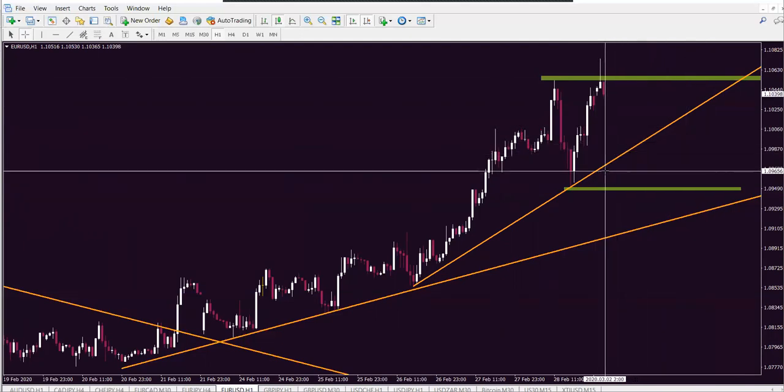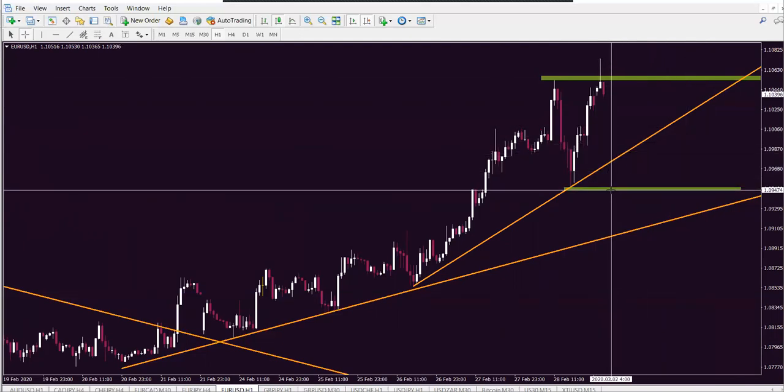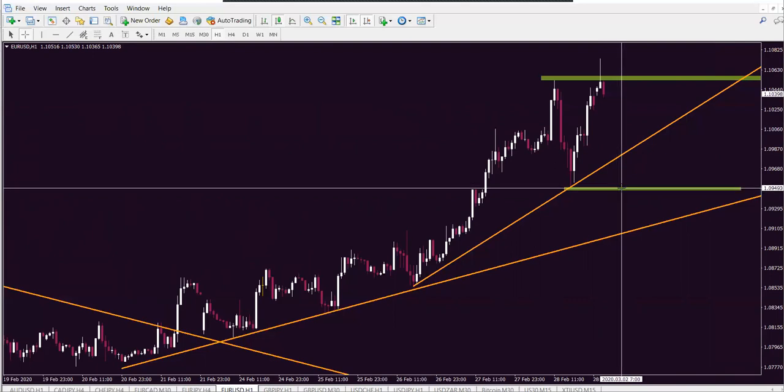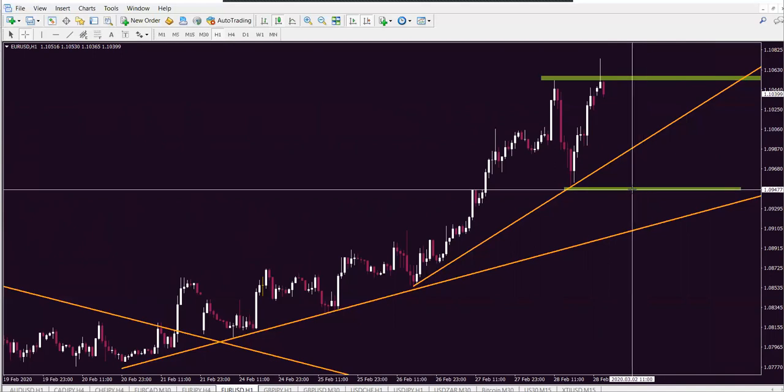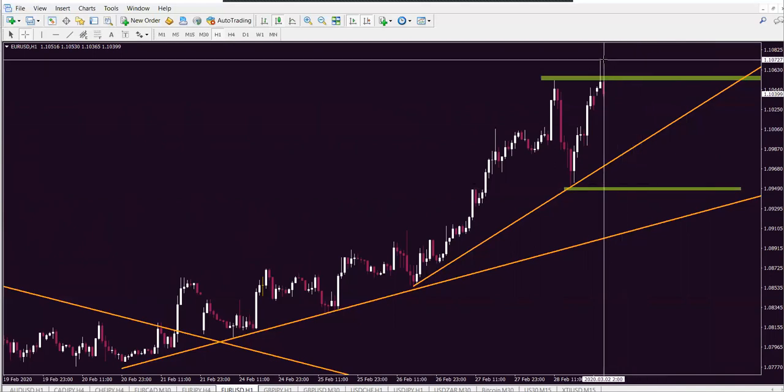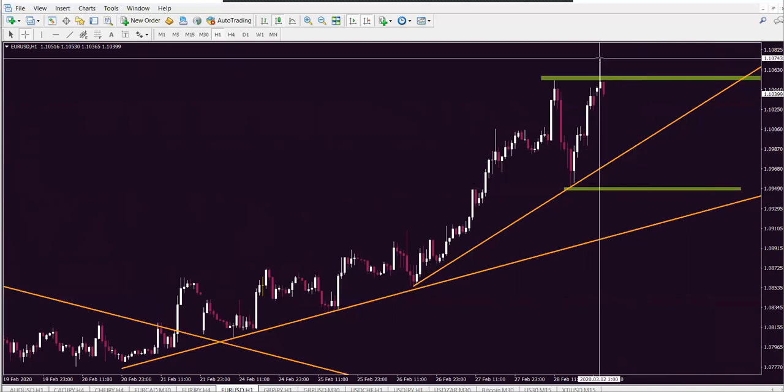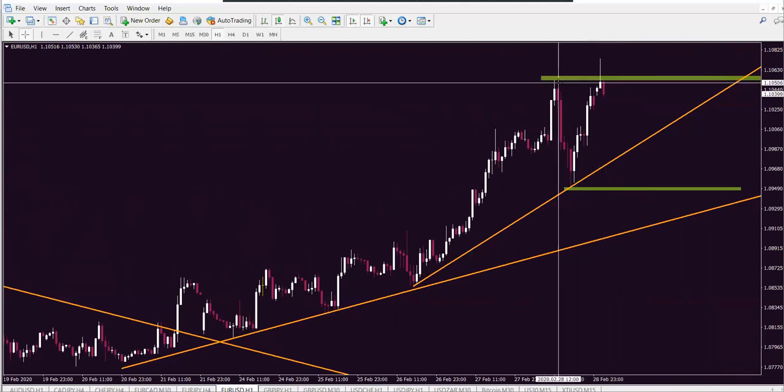So I'm definitely looking for a sell if we get a strong break of this low and price stays below this point right here. And for me now the buy would be invalid since the push at the open.